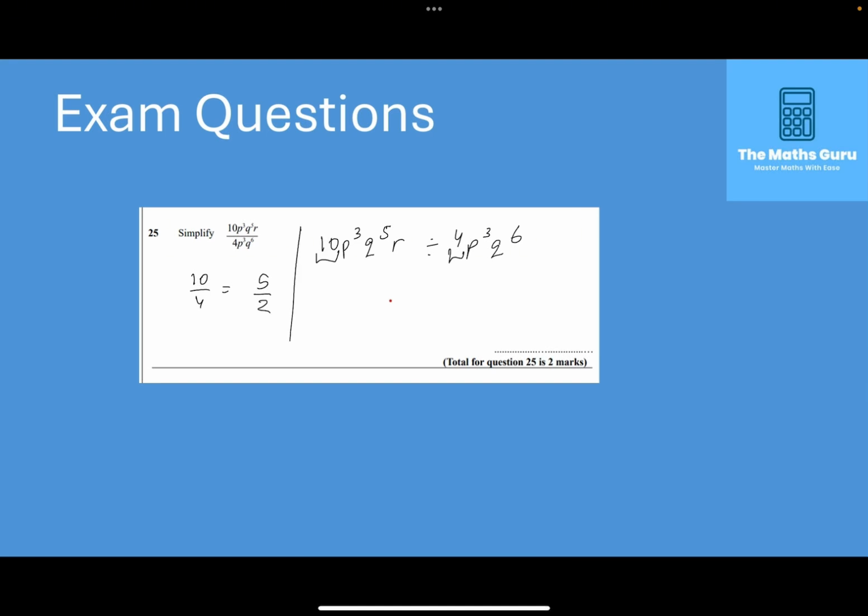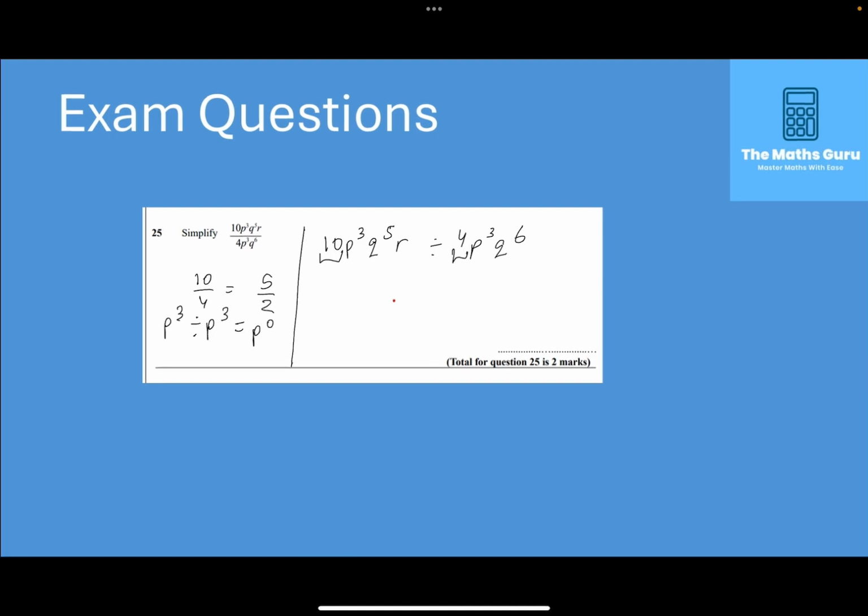Okay, we're going to do it on this side this time. p cubed divided by p cubed. p will go to p to the 0, which is just equal to 1. So 5 over 2 times 1. When I put brackets, it means times in.